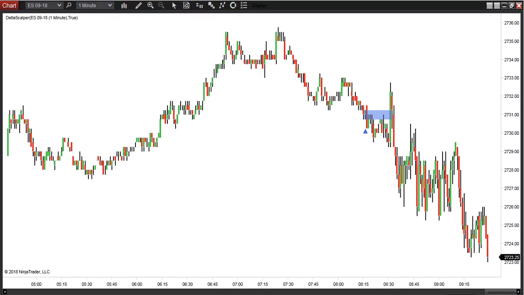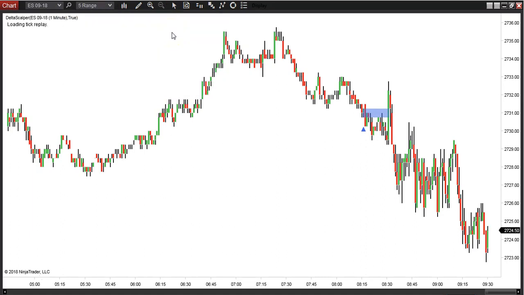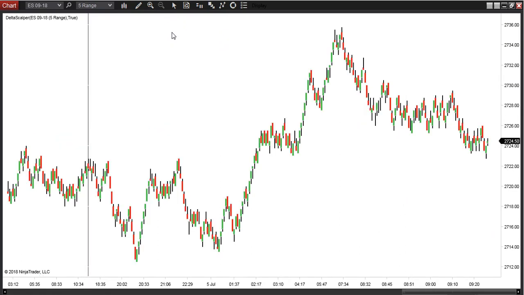Now let's compare that to, say, a 5-range chart and see how it looks. Again, people say, well, what should I use? Should I use a range-based chart? Should I use a minute-based chart?